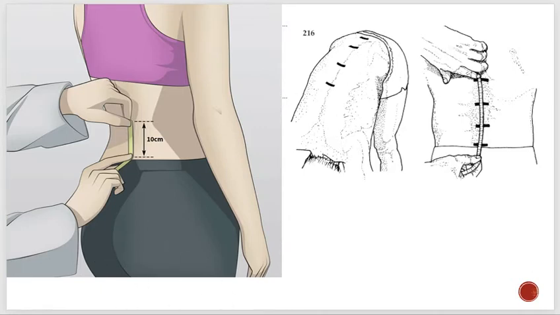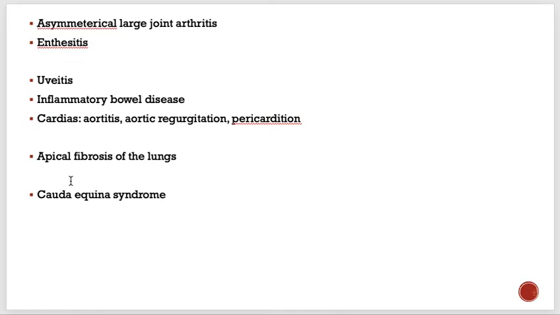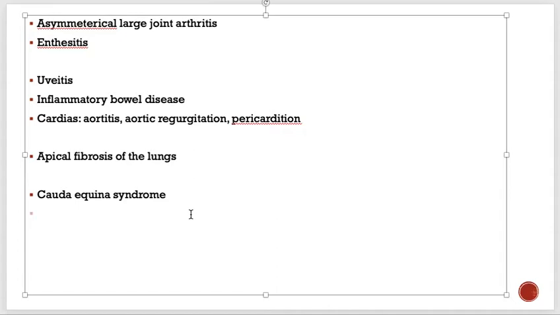Now one way to remember the extra-articular manifestations of AS, ankylosing spondylitis, is that there are 6 A's. One A is atlantoaxial subluxation; they do not remain stable.